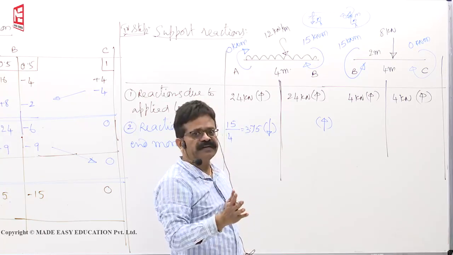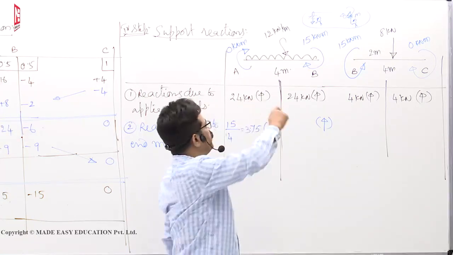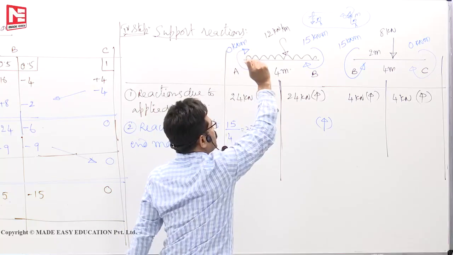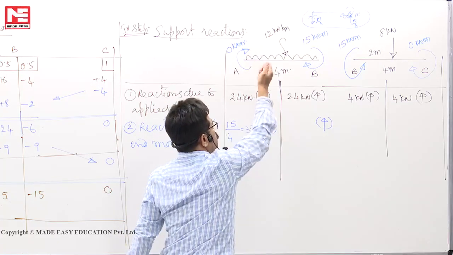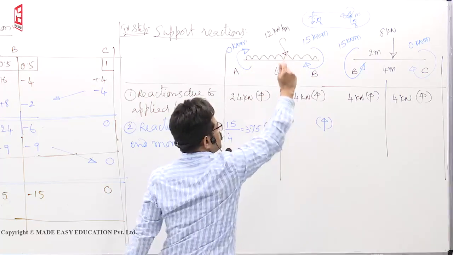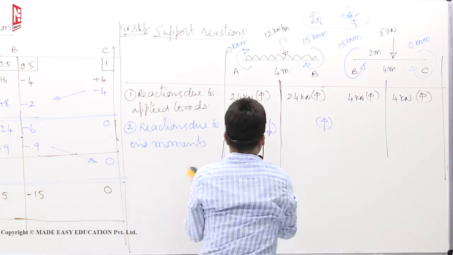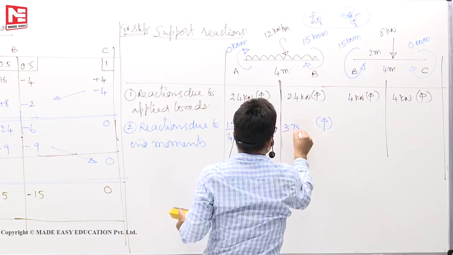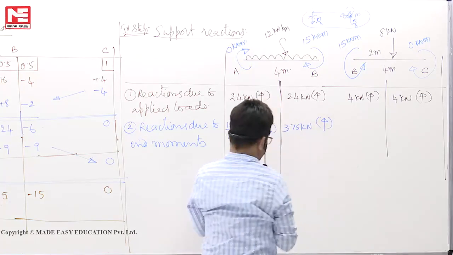Because we have done already that when there is a clockwise moment M, M by L is the reaction. How are the fingers moving? Anti-clockwise means down, up. So down, up. M by L, M by L. So here also 3.75 kilonewton upward.